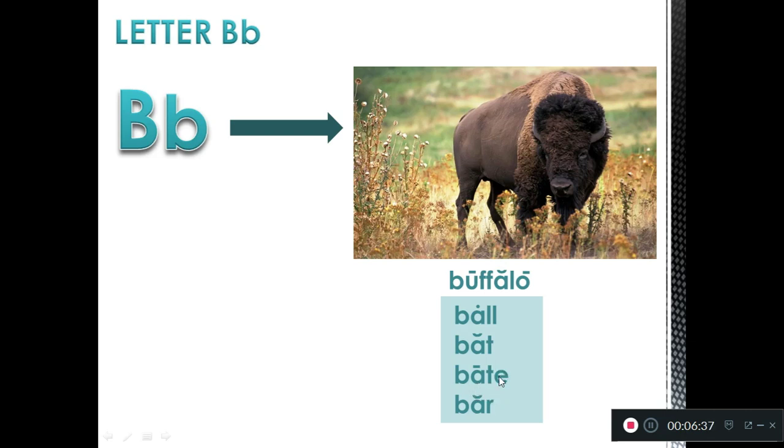Of course, the E here is silent. B, A, R, bar. Of course, the second sound in letter A is A. So now this is B. And under B, we have a buffalo. And here are the words under B: ball, bat, bait, bar.